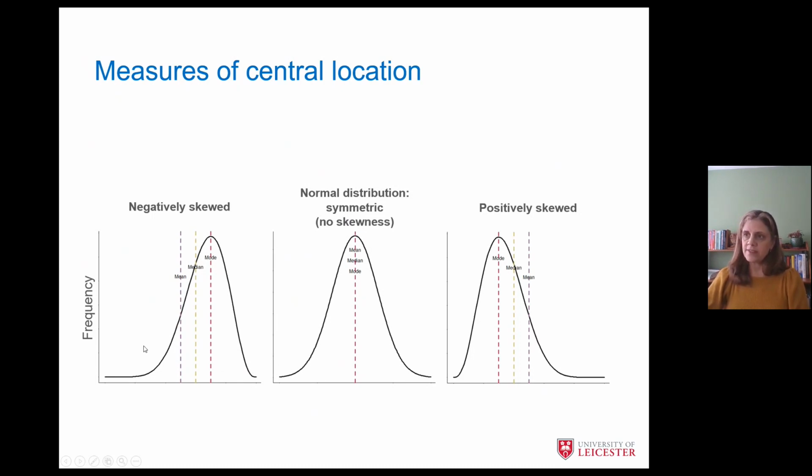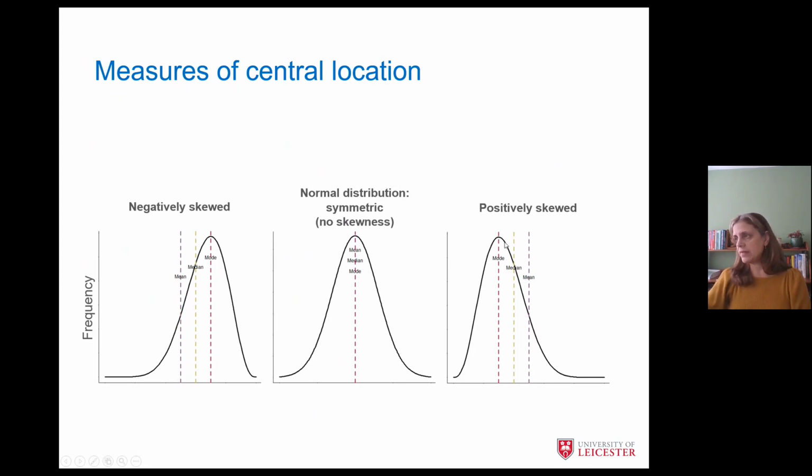So when you've got parametric data, your mean and your median align with each other. When you've got negatively skewed data, what you find is that your mean value is influenced by these higher values in the tail, and the tail pulls your mean value away from the center of your data. So if you were trying to pick the center of that data set, you can see that the median is probably a better representation than the mean.